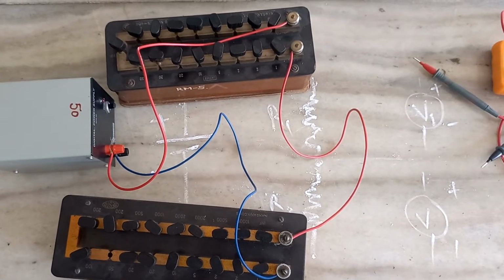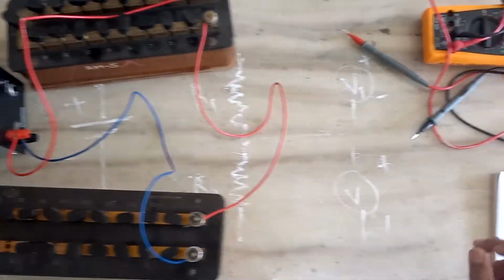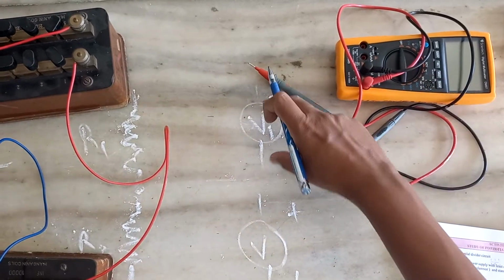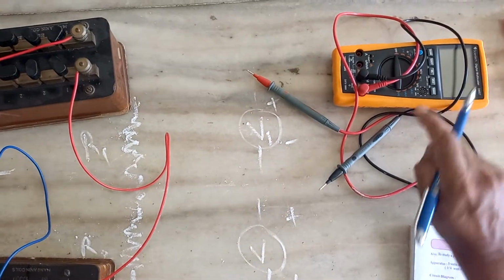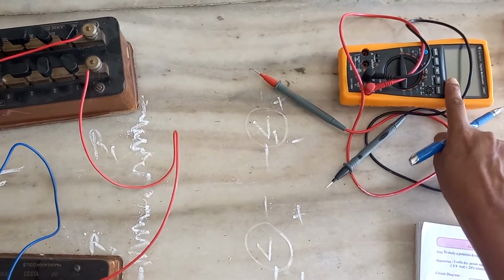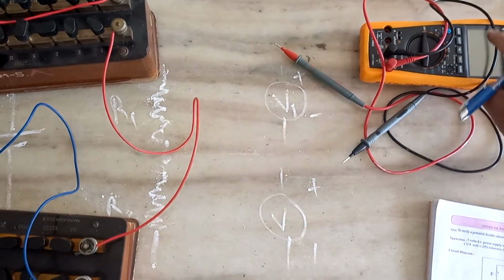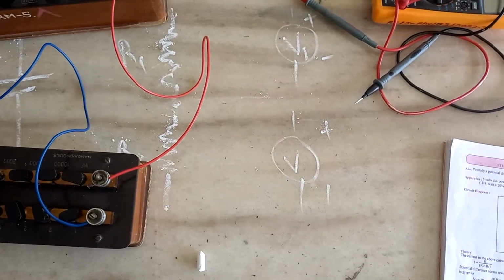Now to measure the voltage across R1 and across R2, we have a multimeter. You can use two voltmeters, or two multimeters, or simply one multimeter. We are using only one multimeter. We will measure the voltage across R1, that is V1, then with the same multimeter we will measure the voltage across R2, that is V2.